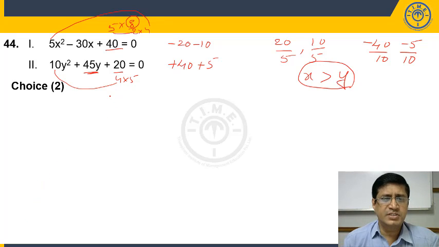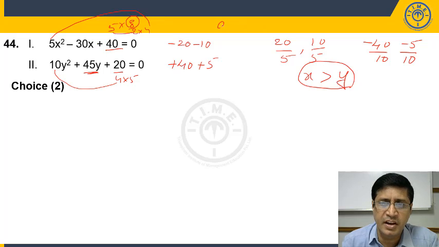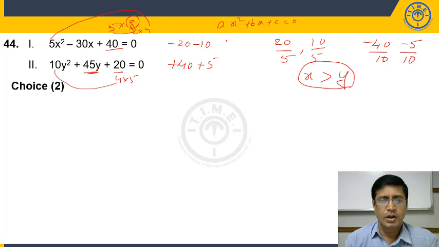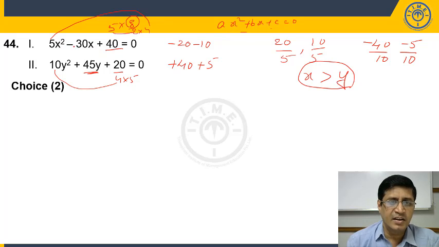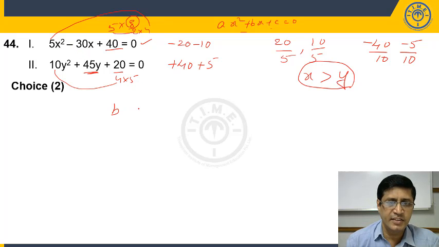Now here I want to discuss a small logic. Just look at this carefully. What is the quadratic equation? It is ax square plus bx plus c is equal to 0. If you observe the sign of b and c, in the first one the signs are minus and positive.